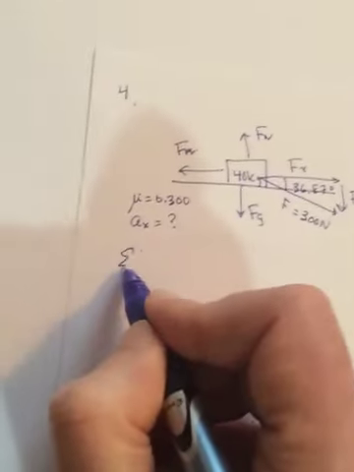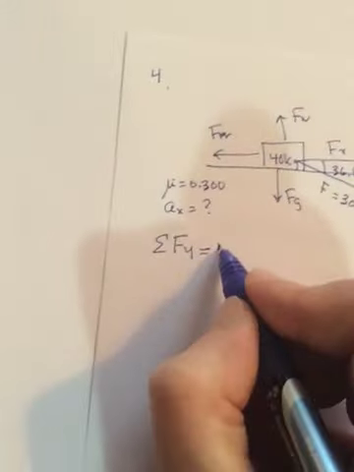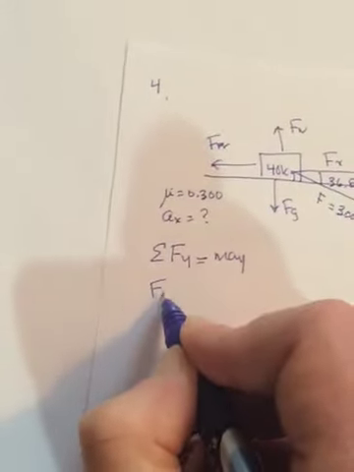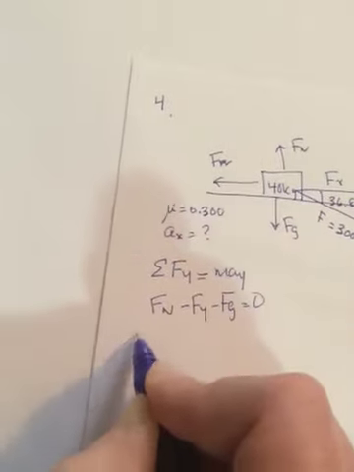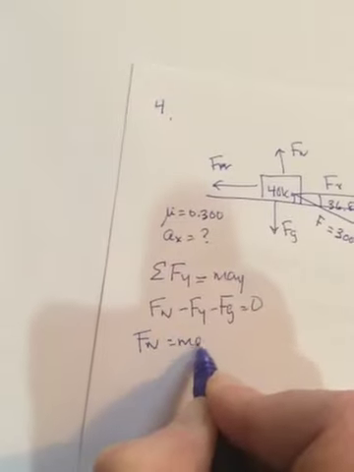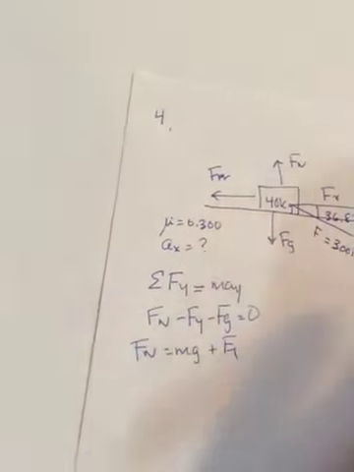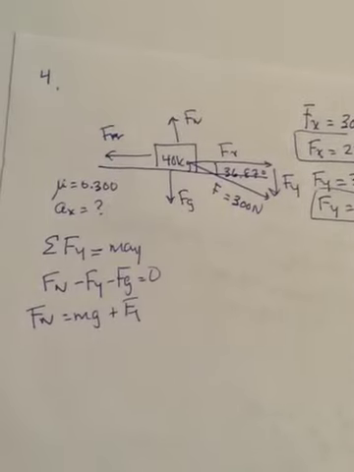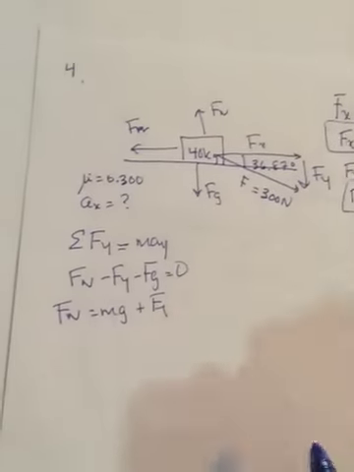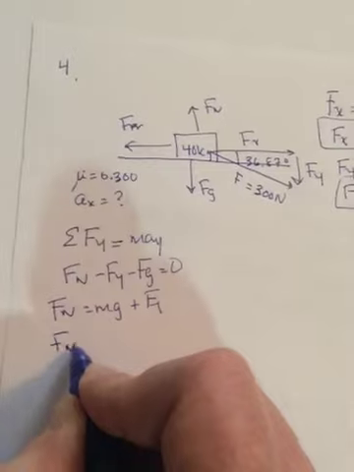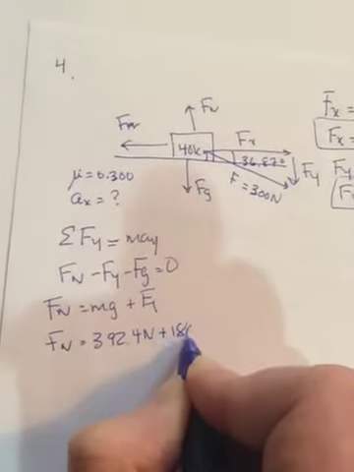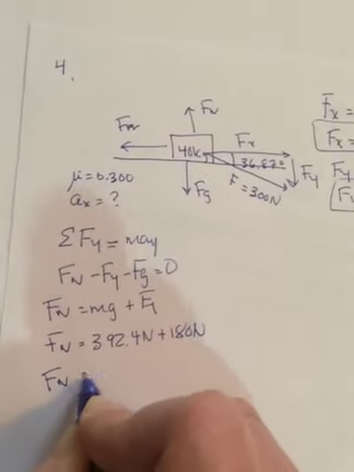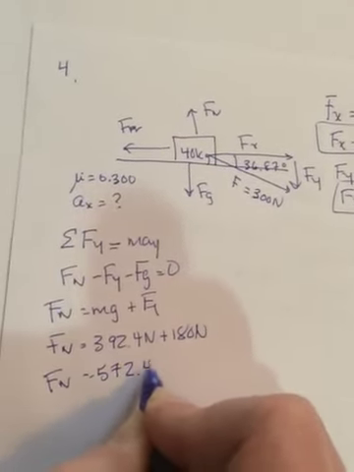Go to the sum of the forces in the y direction equal to 0. Fn minus Fy minus Fg. So Fn equals mg plus Fy. And just because I'm going to run out of time here, you should end up with Fn to be 392.4 newtons plus your 180. So Fn is equal to 572.4.